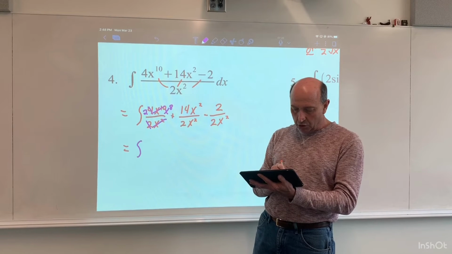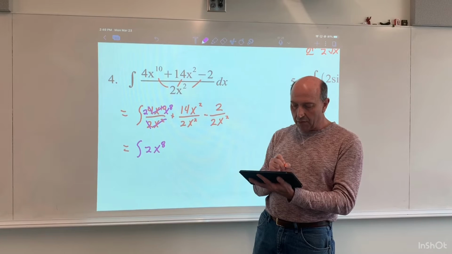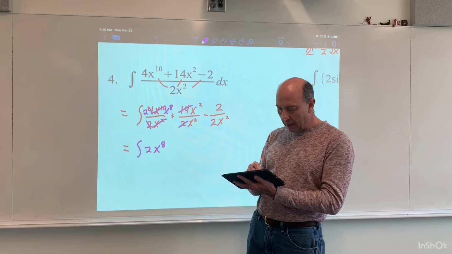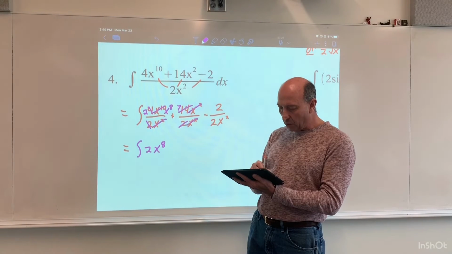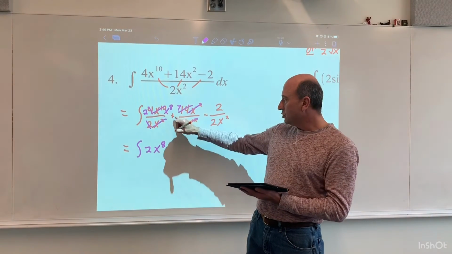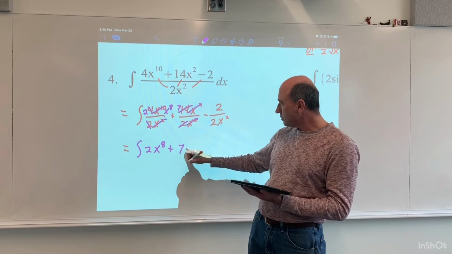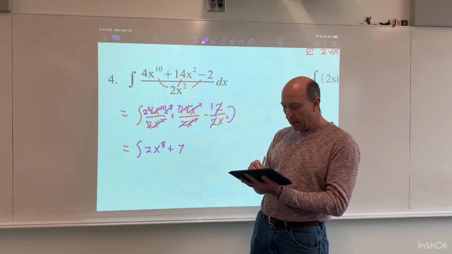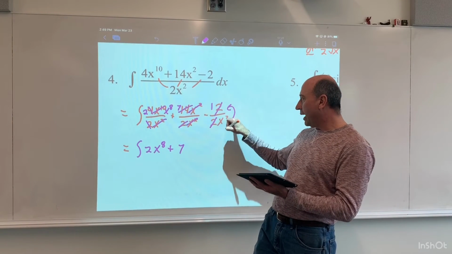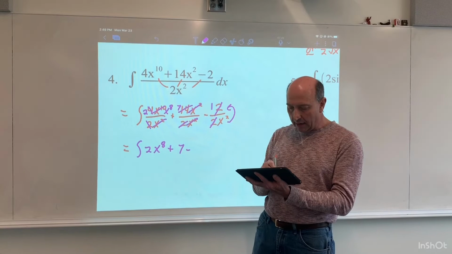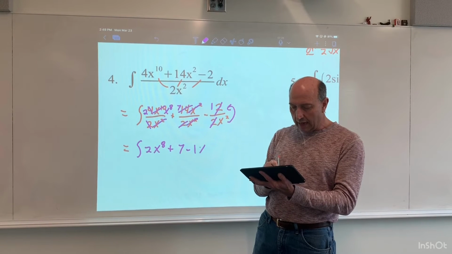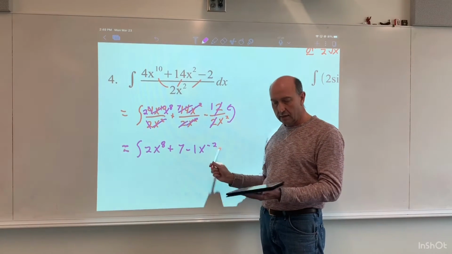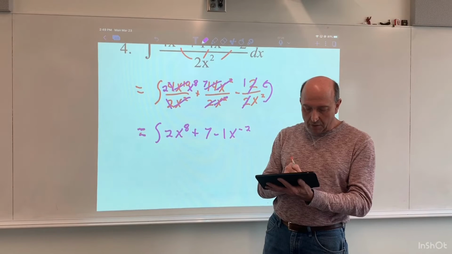So I've got 2x to the 8th. 14 over 2 is 7, and x squared over x squared cancels, so I have just plus 7. 2 over 2 cancels to a 1. So now I have 1 over x squared, but I can flip that to the top and get minus 1 x to the negative 2. This looks fine. I can now take the antiderivative.